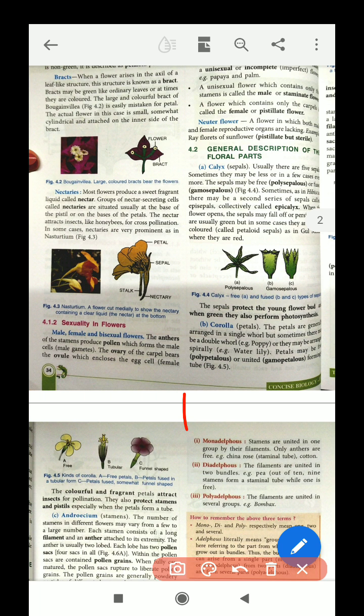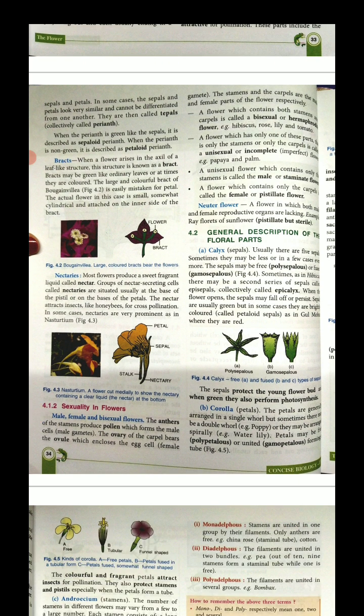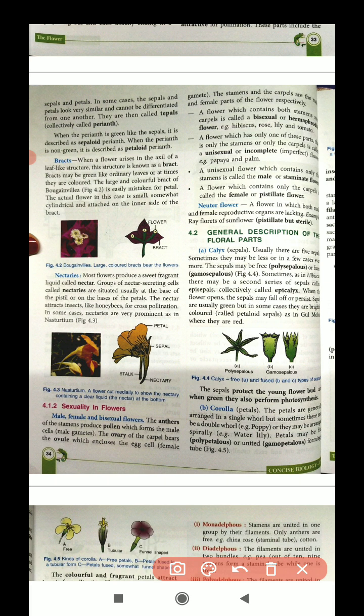Students, in the next chapter, the pollination and fertilization chapter, you will properly understand how this happens. You can understand how the pollen grain from the anther goes. If I draw a little bit, suppose that is the female part and here is the male part.